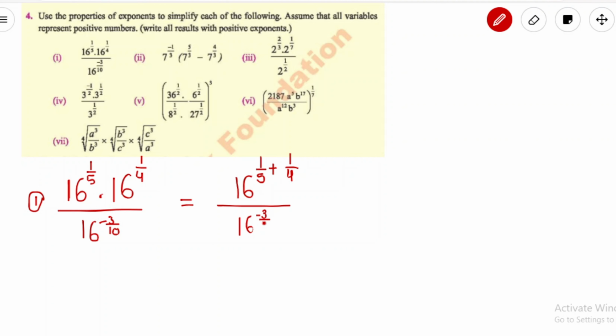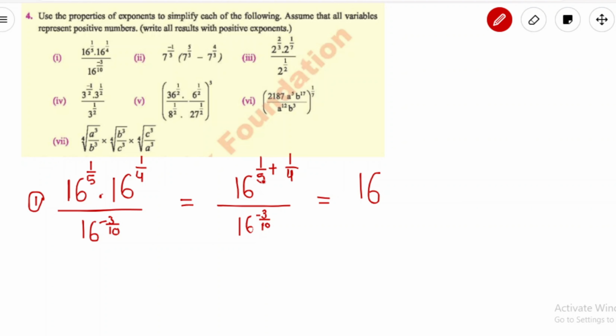So now we're going to add the powers, and the exponents are fractional exponents. To add the fractions, our denominators must be similar. So how can we make our denominators similar here? This is 5 and this is 4. We would think of a number with which we can multiply 5 to get 4, and we know there is no such integer.